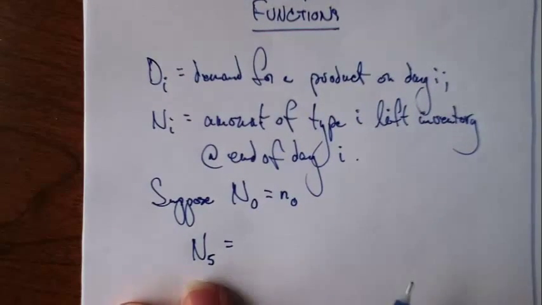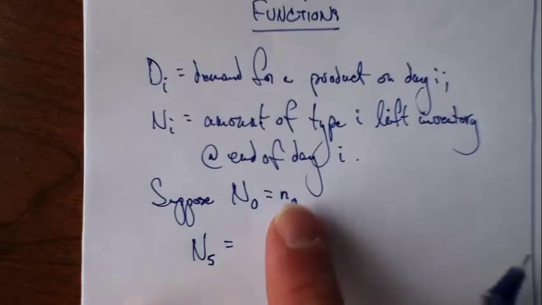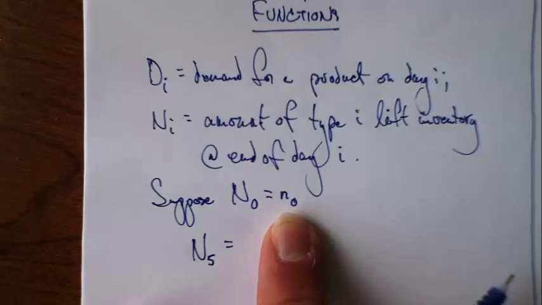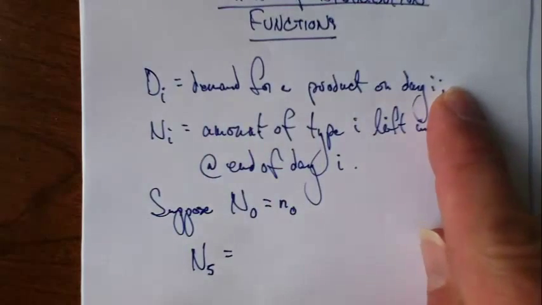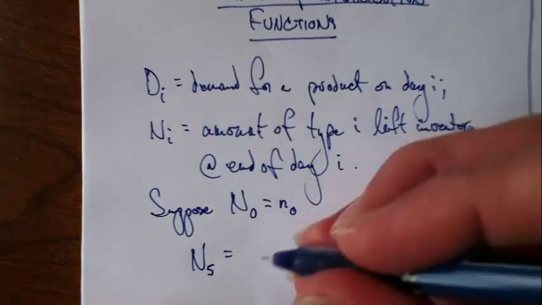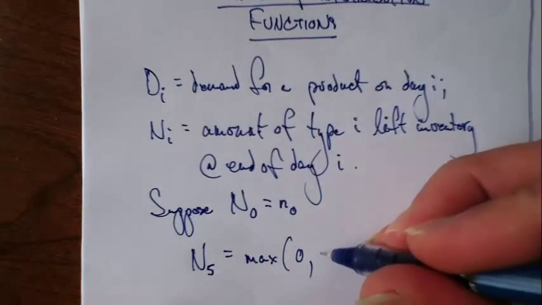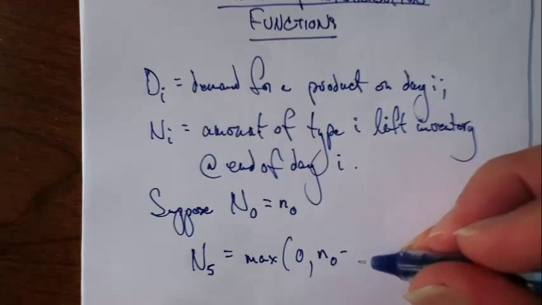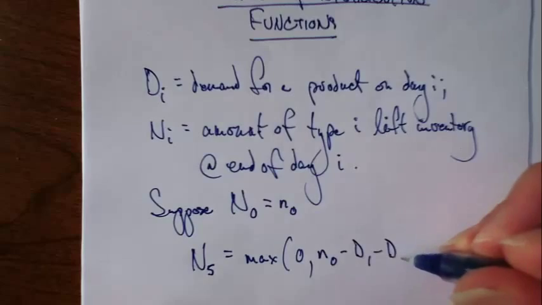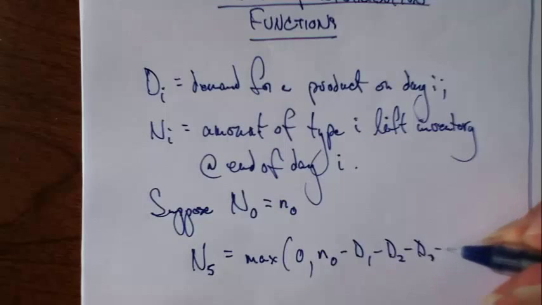This is a random variable. It's going to depend on how much you started with and then how much demand you had, right? I think you could write it like this. It would be the maximum of 0 and N naught minus D1 minus D2 minus D3 minus D4 minus D5, right?